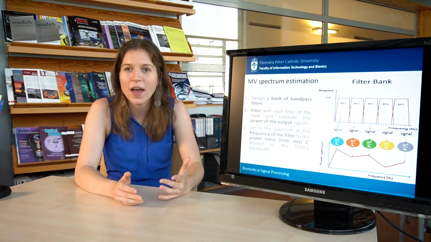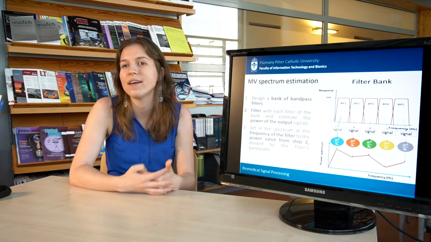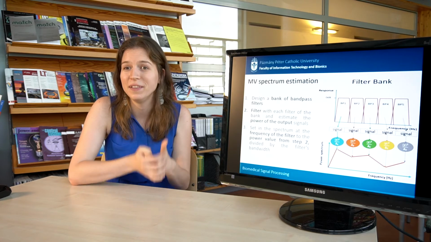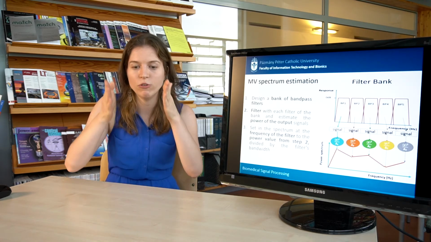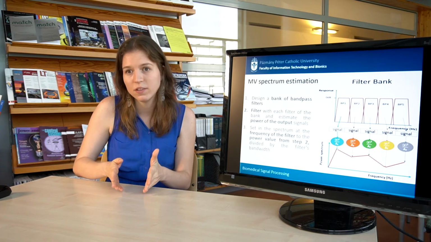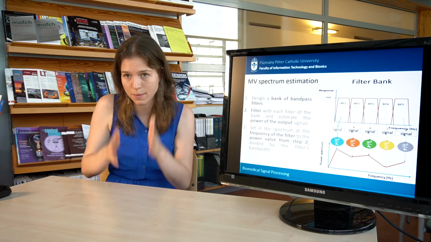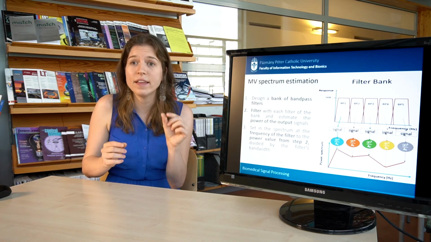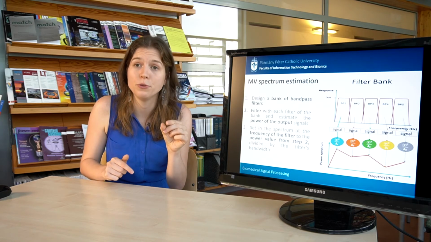You have to design very good filters to do this. The quality of your spectrum will depend on the quality of your filter bank. They should be really sharp, so their roll-off should be small, their slope should be quite big, and their bands should be as narrow as possible to have a good resolution.